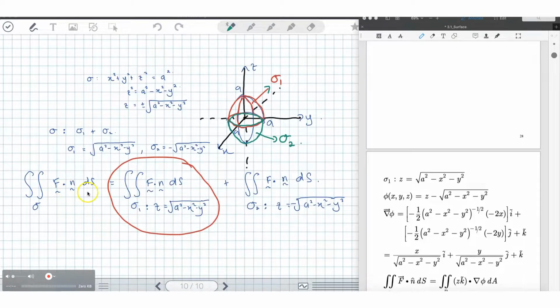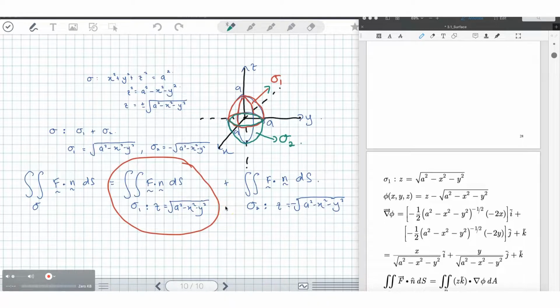Imagine you are computing the flux of the fluid flow through this surface, the whole sphere. Because sigma 1 gives a positive square root and sigma 2 a negative square root, we have to split the calculation, but in the end you total them up after you get the solutions.